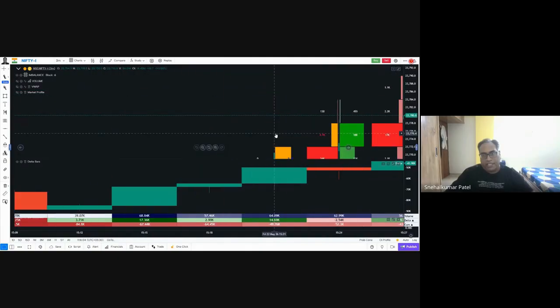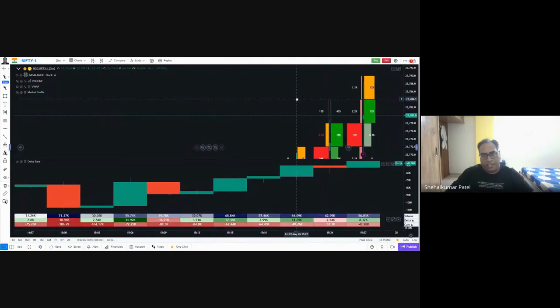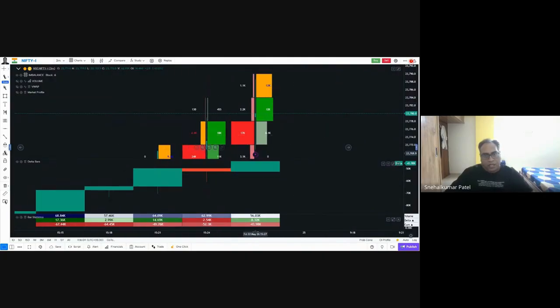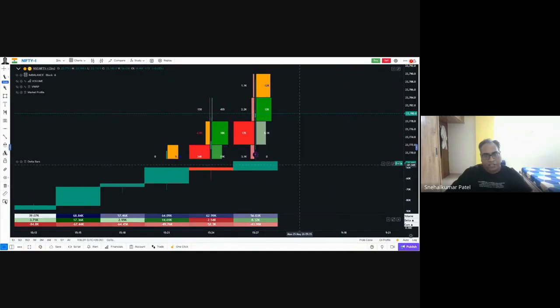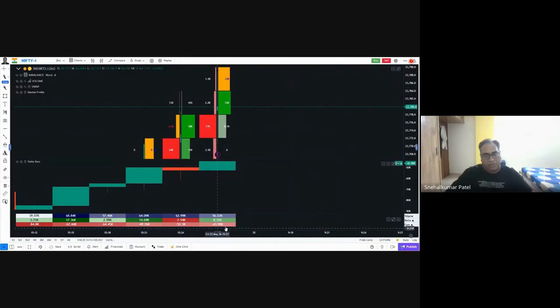We will look into detail how we leverage this data. As I mentioned earlier, there is a thing called delta, which is nothing but the difference between the number of buyers and the number of sellers in a specific candle. If we sum the number of buyers for this particular candle and sum the number of sellers, and consider the difference between both of them, we get a value which is called delta, through which we understand who is dominating in that particular candle.